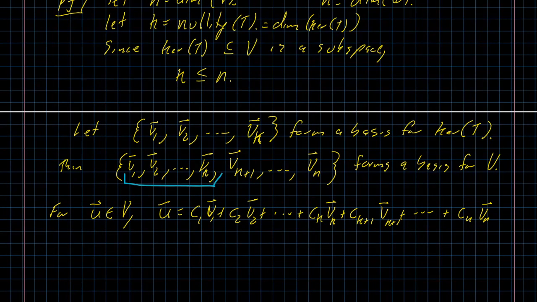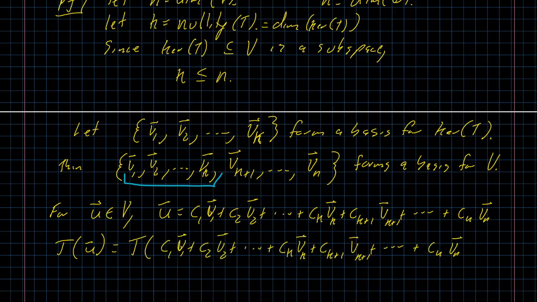But the reason that I want an arbitrary vector in V is because I'm looking to analyze the range of the transformation, right? Those are the things we talked about: the domain, the codomain, the kernel, and the range. So if I take T of u, well, that's just T of this linear combination.